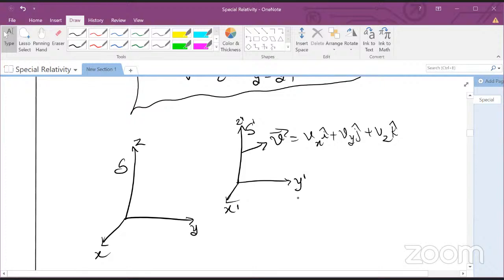Does anyone have any idea how we can make this scenario simple? Any idea? Yes. We can redefine the frame. Okay. So how should we redefine this?